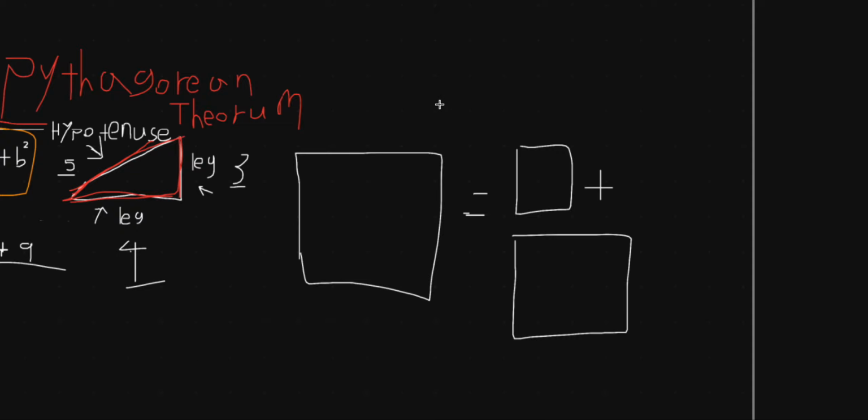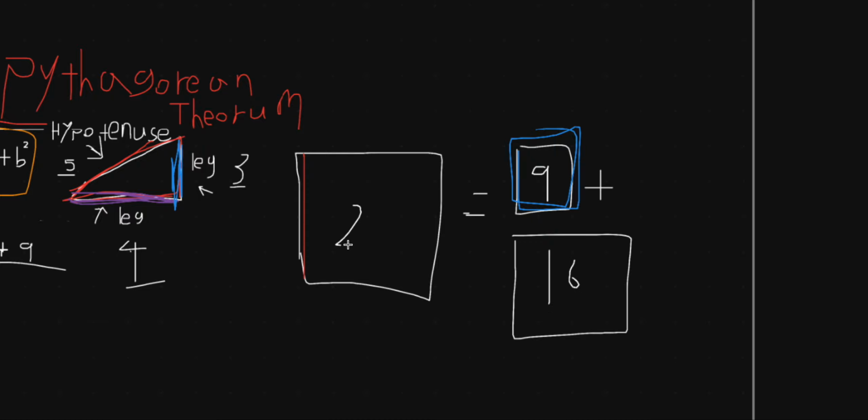To visualize this better, let's say the hypotenuse is this. Let me use a different color to label each side. This one's purple. The other one will be blue. The shortest one will be blue, which is 3, right? This one's 4.